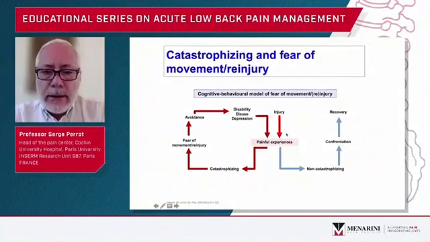What is the rationale for multimodal therapy? It's increasing efficacy by using 2 drugs with different mechanisms of action. By that, we can use lower doses of each drug to minimize adverse effects. By acting more effectively and on different mechanisms of action, we may probably prevent chronic pain.